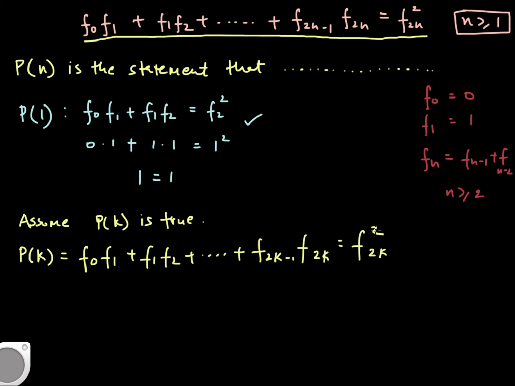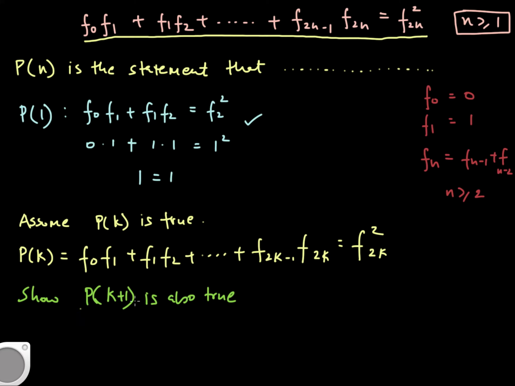Okay, here's the statement that I'm saying. Let's assume this is true. With that assumption as actually true, what is it I want to show you? What I want to now show, let's show that P of k plus 1 is also true. This is what I want to show you.